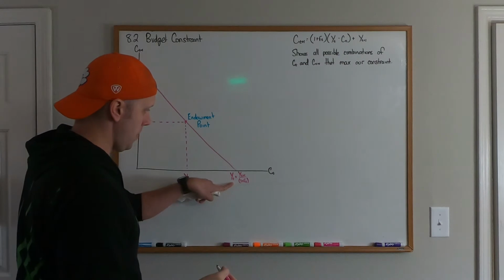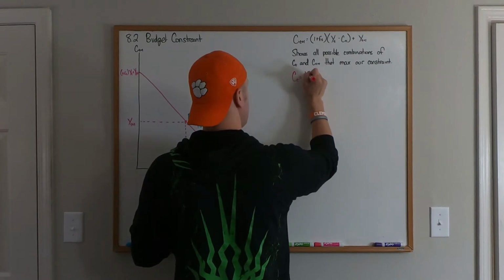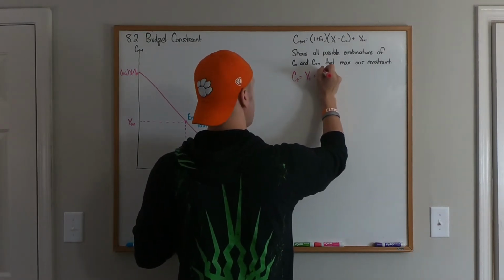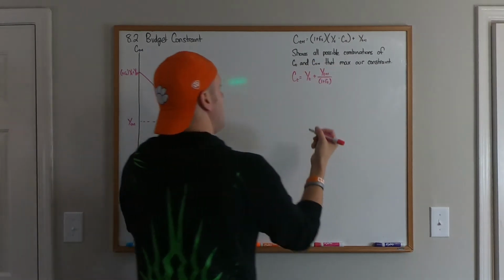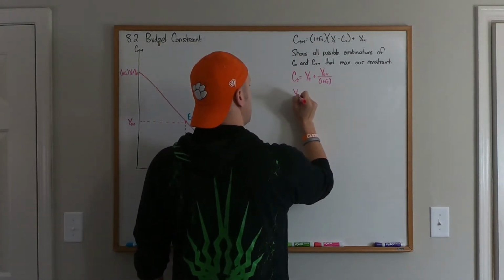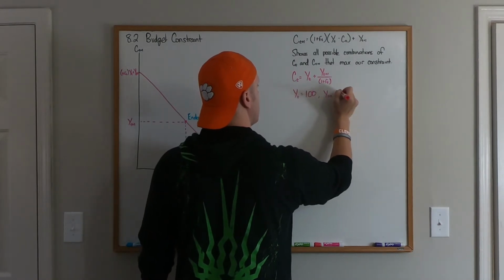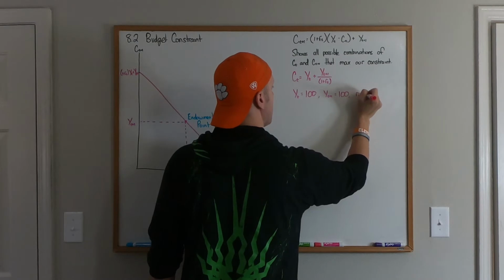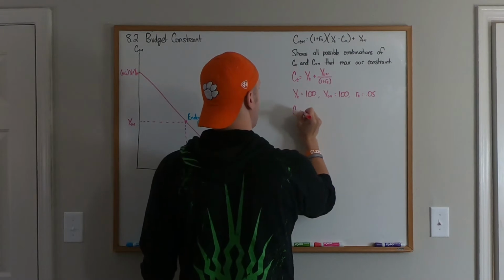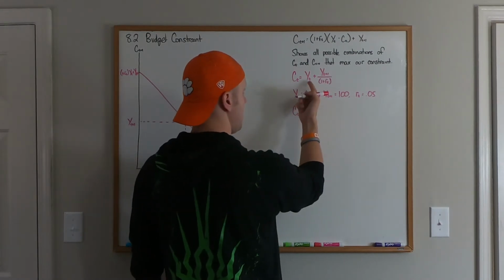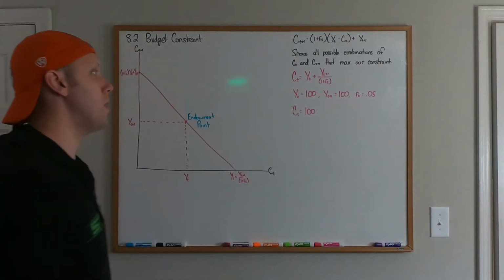So CT is equal to this. Right, so YT is 100. YT plus 1 is also 100. Interest rate 0.05. So it means CT is equal to 100 because I consume everything I earn today, but I got to borrow from my future income. I got to borrow from tomorrow's income.